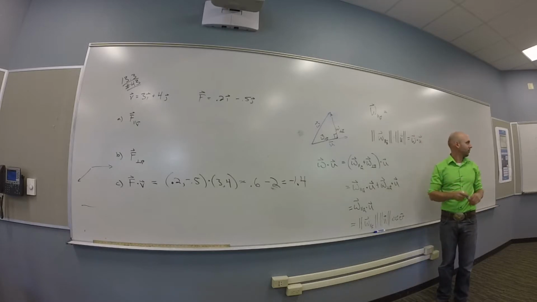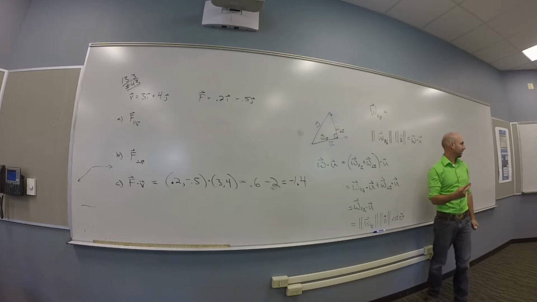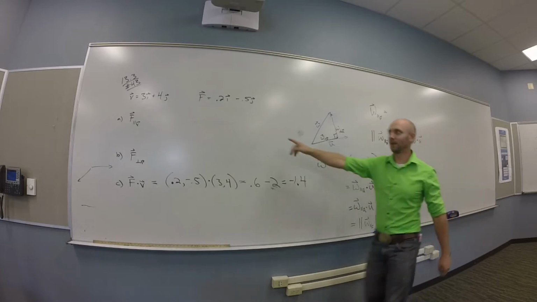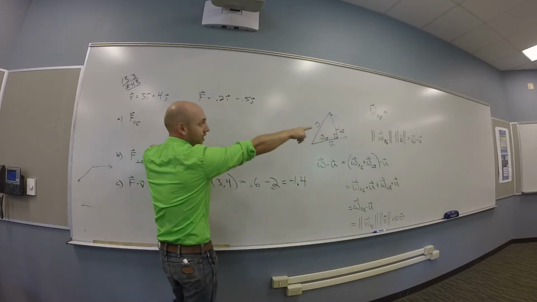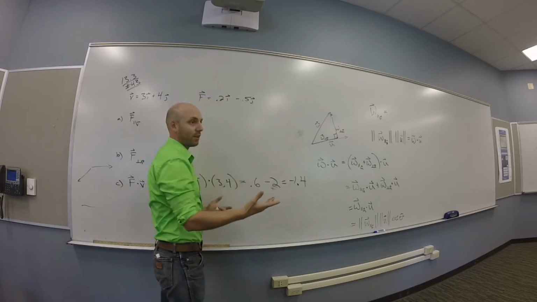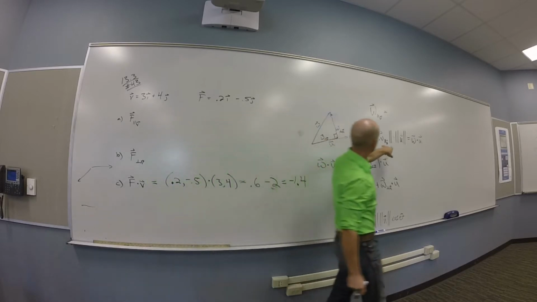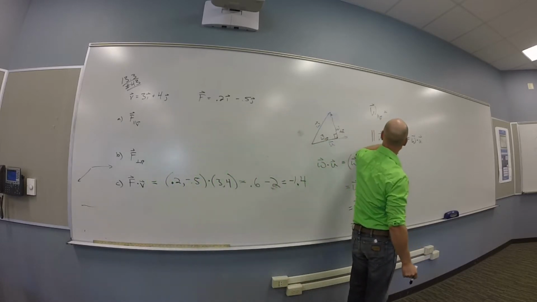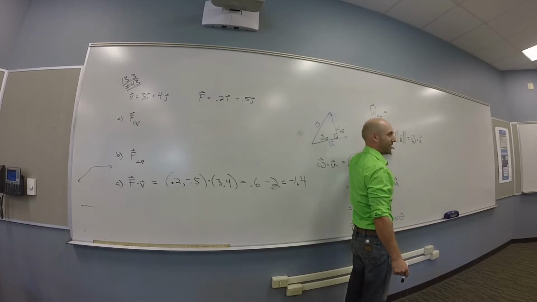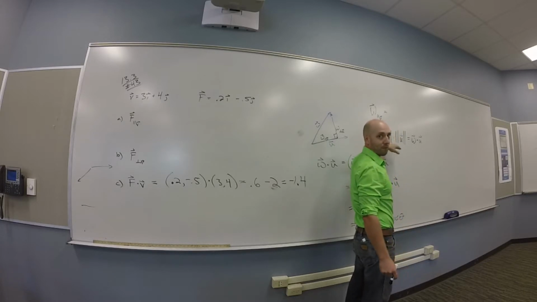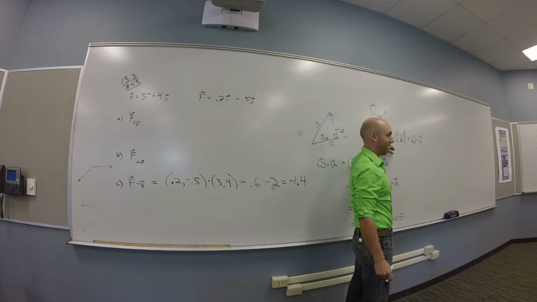If they give me two vectors, like we had over here, an F and a V, or a U and a W, and I'm trying to calculate these things, well, so far what I can figure out is how long that thing is. You guys see that?